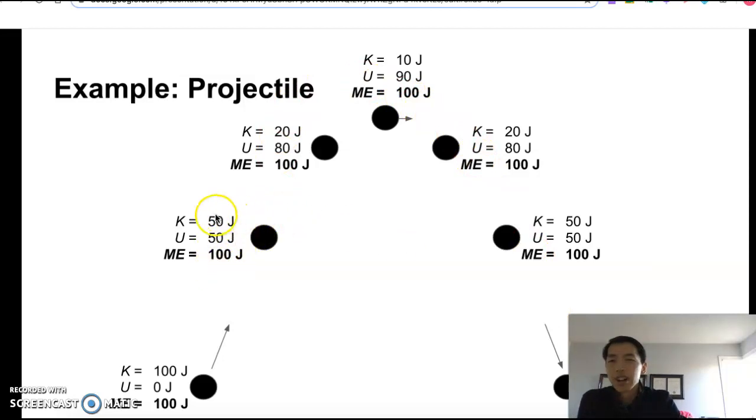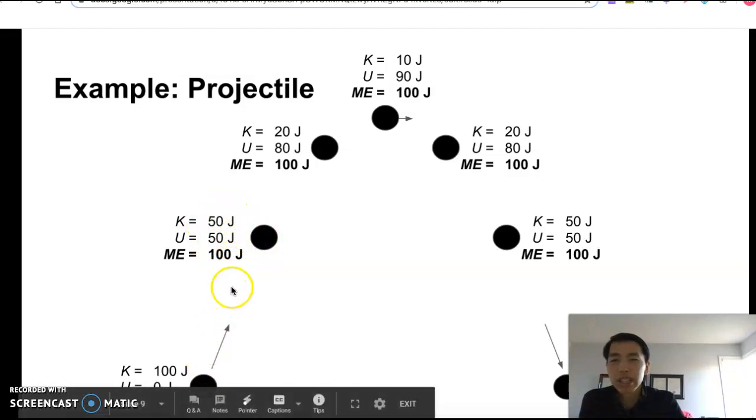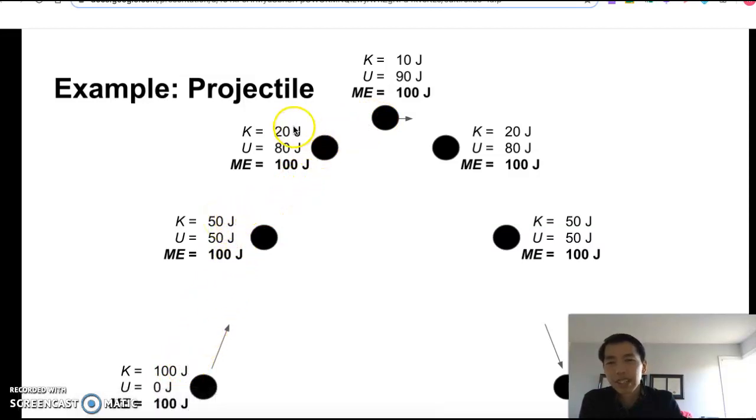But on its way up, it's slowing down, right? The ball is slowing down as it gets higher and higher. So you see the kinetic energy value get smaller and smaller, 100 to 50, down to 20. And at the very top, I have the kinetic energy at 10 joules. It's not 0 because it's not totally at rest.